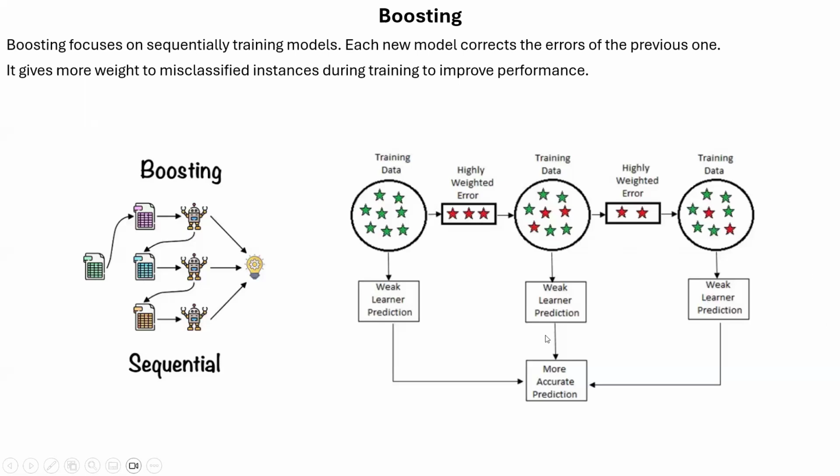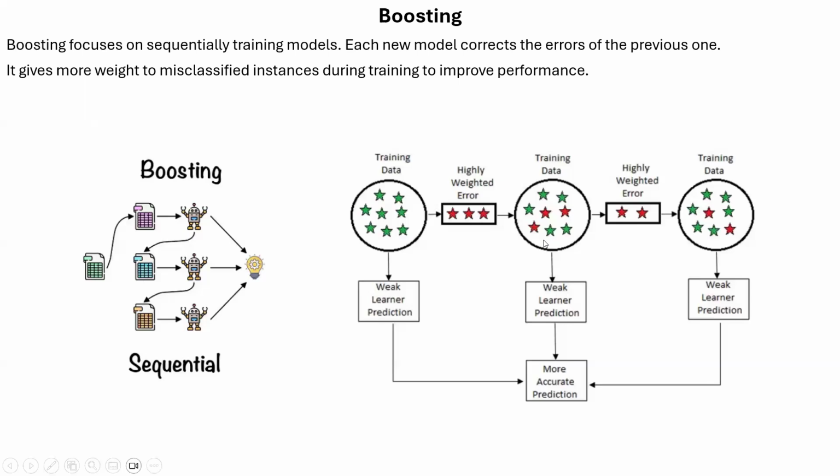Ensemble learning is all about combining multiple prediction models to get a better prediction. That is what ensemble modeling is. Whereas in boosting, we do that in sequential order, and in every iteration, the wrongly predicted records will be given higher weightage. Maybe this is a little clumsy for you right now, but once you see an example, you will understand how the weightage is increased for the wrongly classified items.